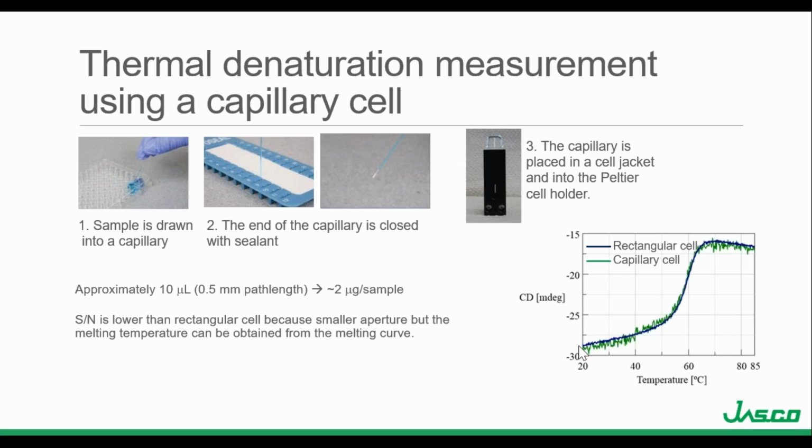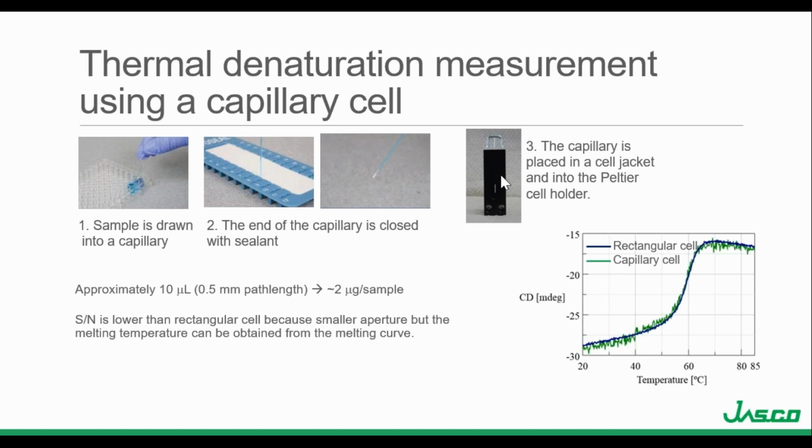So the figure on the right shows a thermal melt using the rectangular cell. So that's a standard 0.5 millimeter rectangular cell, which is going to hold maybe 200 microliters of sample. And the green line is the capillary cell, which is going to hold 10 microliters of sample. And while the signal to noise of the capillary cell is lower than the rectangular cell, this is because, if you can see in the cell jacket, that is the aperture for the capillary cell.